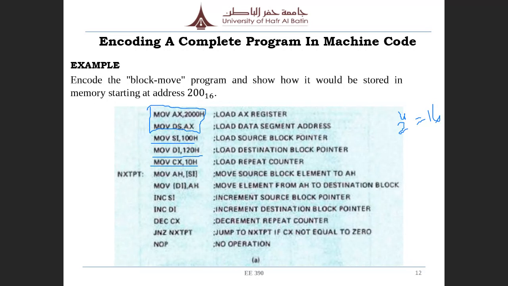So the counter is loaded with 16 decimal, or 10H. Then move AH comma square bracket SI, move square bracket DI comma AH.